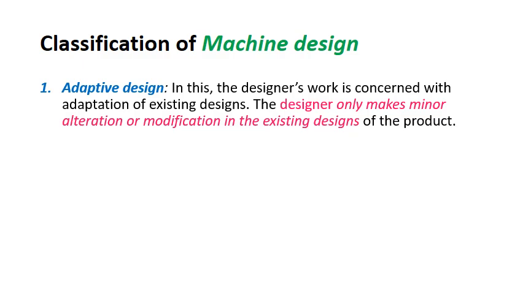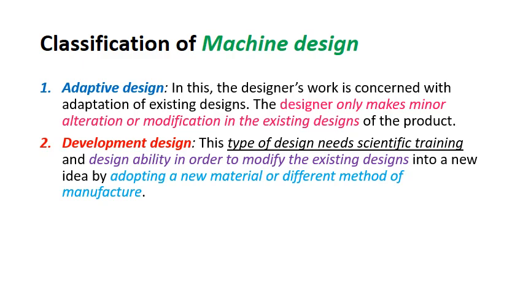That is it. Second one is development design. In development design, the existing designs are modified, but a new idea will be developed rather than making only minor changes. A new idea or a new product will be created by adopting a different material and manufacturing method.